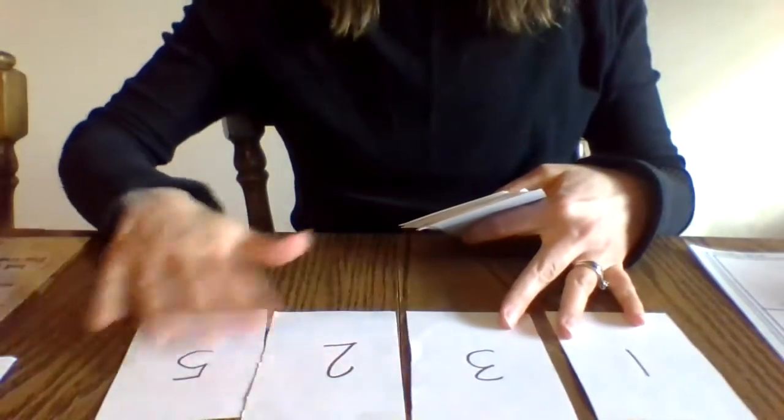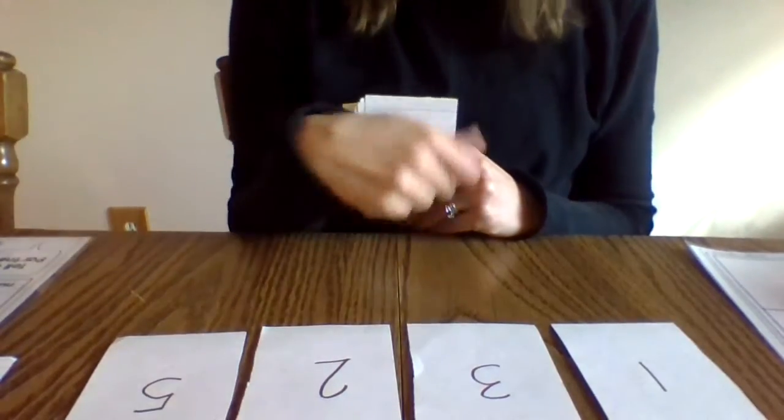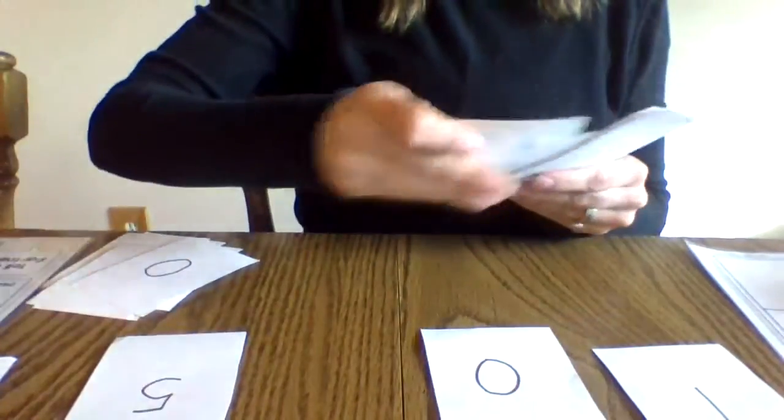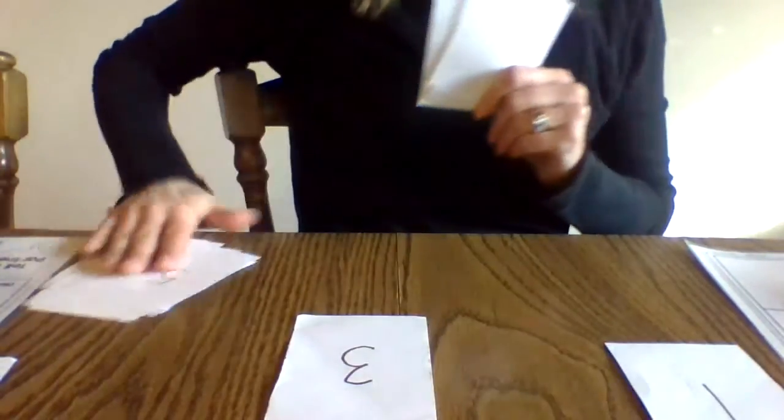And you're looking for pairs to 5, and it's kind of a speed game. You can race somebody else or just race yourself. So 2 and 3, and then I refill. 4 and 1, and then I refill. All right, 5 and 0. And I can do this with all of the numbers through 10. It's just a pretty fun, quick game to really solidify what you know about the parts and wholes.